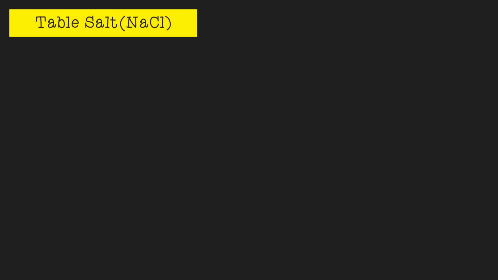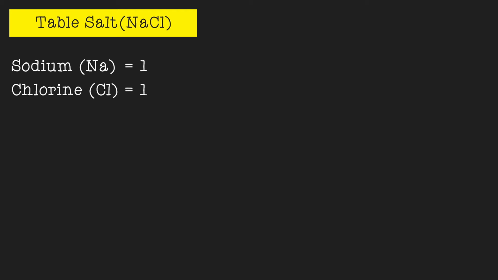Now, let us have another example. To find the molar mass of table salt, we must follow the step-by-step process discussed in the previous slides. Table salt is composed of sodium and chlorine. Table salt has 1 atom of sodium and 1 atom of chlorine.